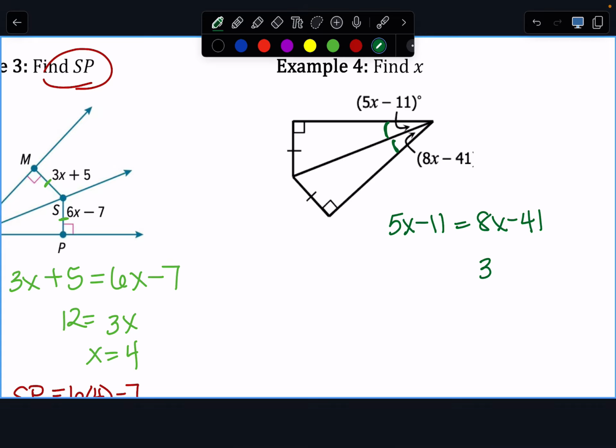So 3x equals 30. X equals 10. Yes, whoop-de-doo. I know. This is unexciting. Okay, we have one more page. Won't take us long.